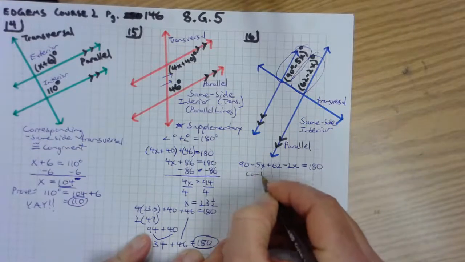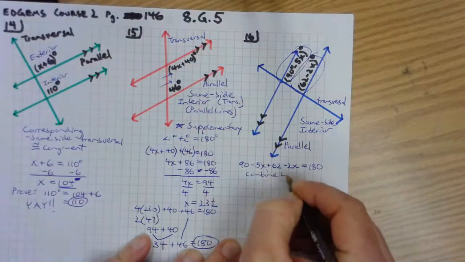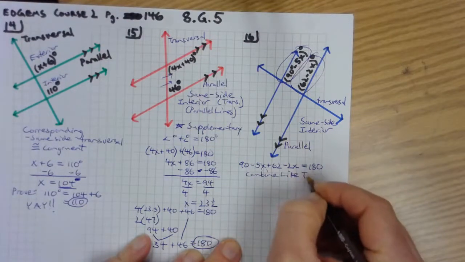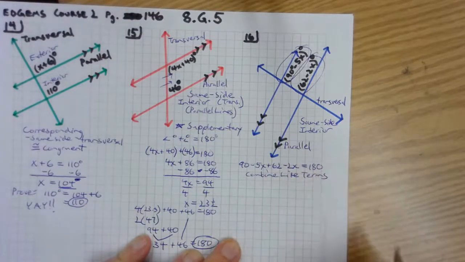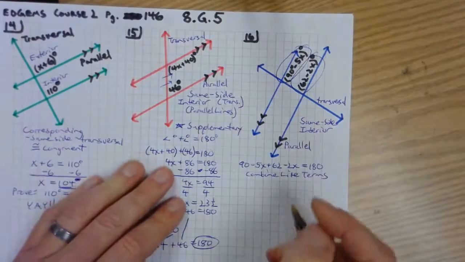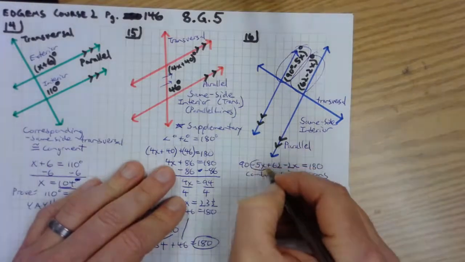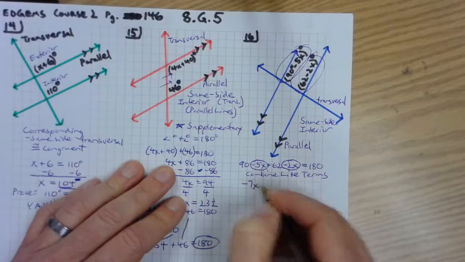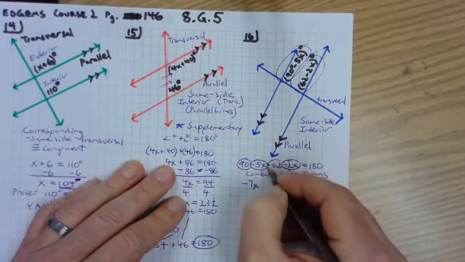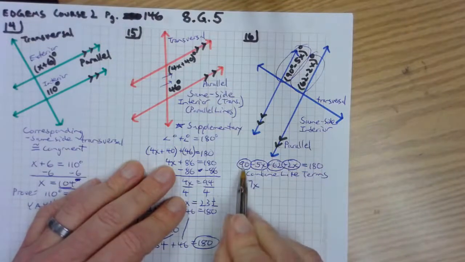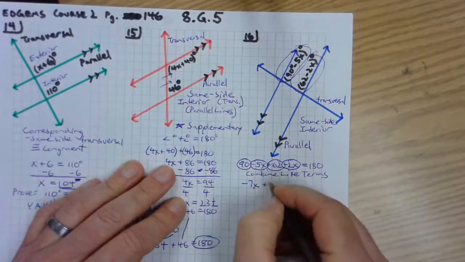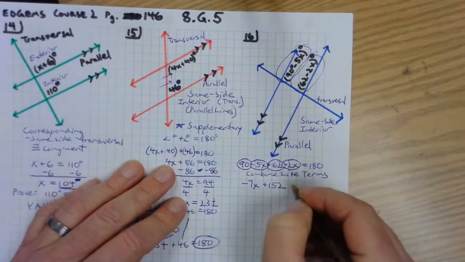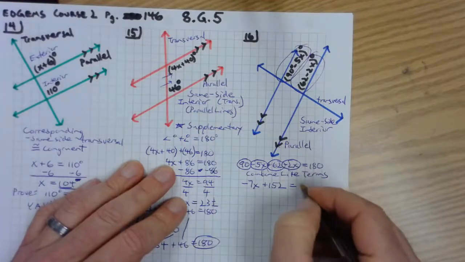Combine like terms, that means I'm going to put the x's together and the numbers together, but I'm not going to put the x's and the numbers together. That would be silly. So I have negative 7x and 152 equals 180.